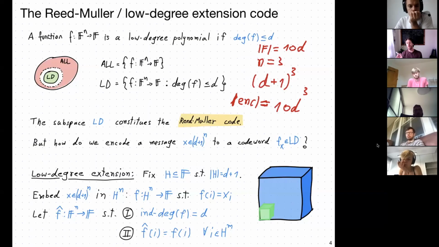So if we're looking at a small number of dimensions, then everything would be linear.